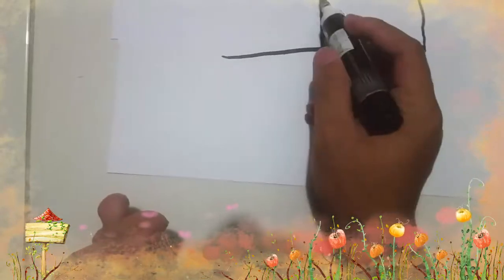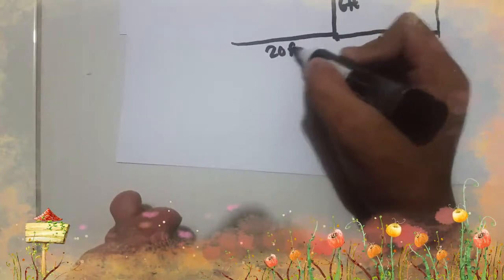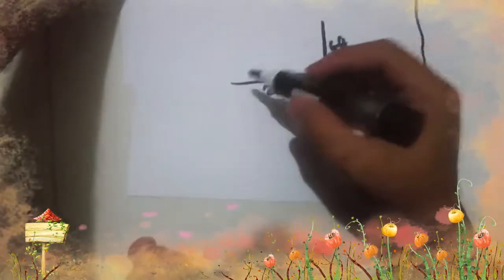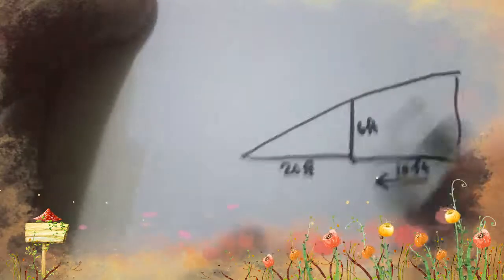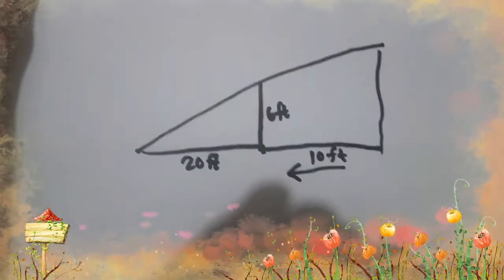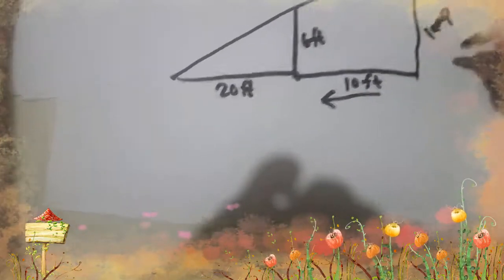So technically, the shadow is here at the opposite side of the lamppost. So 20 feet. It's just like a triangle, similar triangles. Oh, look at this. So it's just like a similar triangles. This is the lamppost.